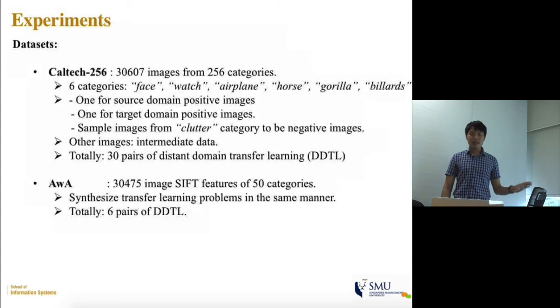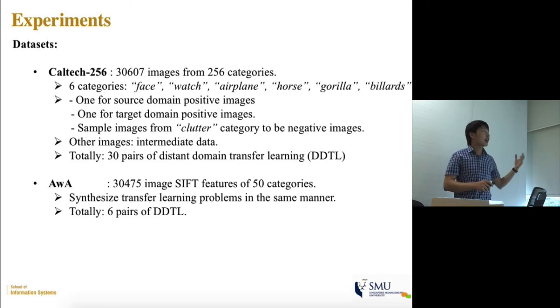So the data sets that they use to synthesize the transferring tasks are 2 publicly available data sets. The first one is Caltech 256, which has more than 30,000 images from 256 categories.